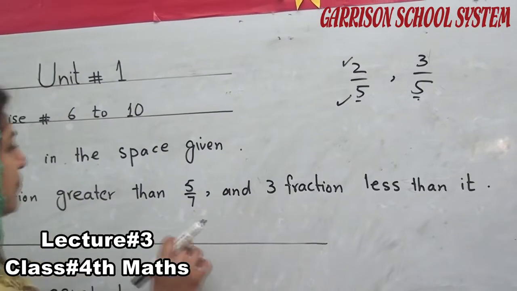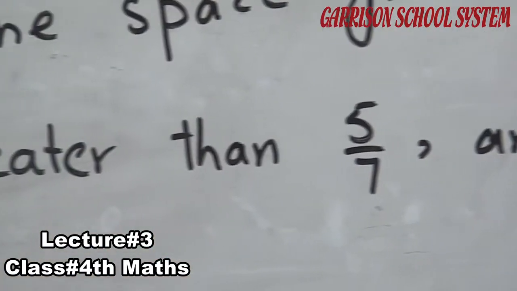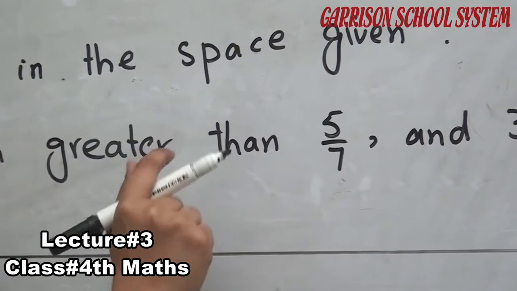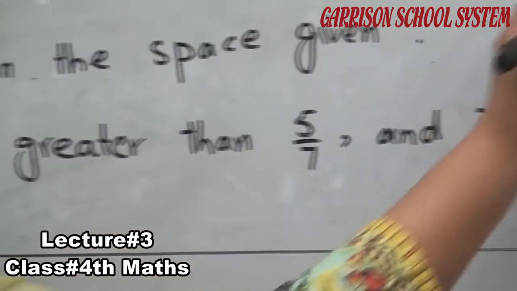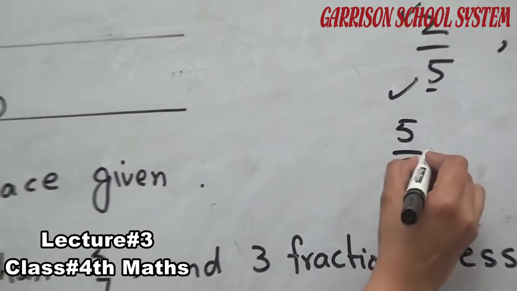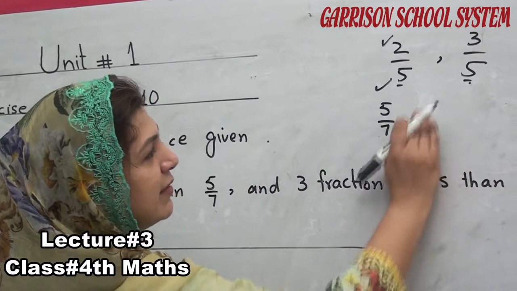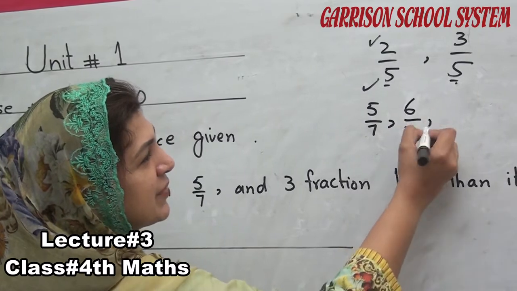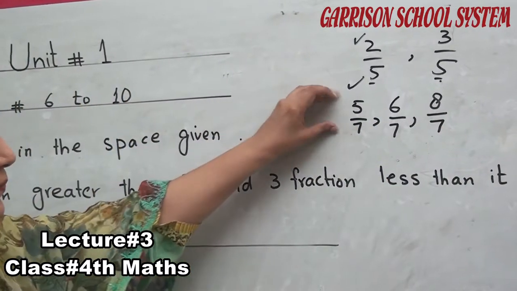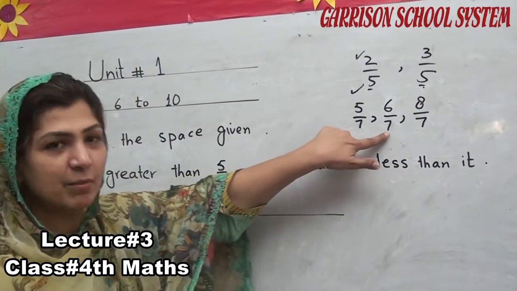So in this way, we can write a fraction greater than 5 by 7. For example, 5 by 7 is here. We take any example, 6 by 7, 8 by 7. Look, students, all the denominators are the same in these numbers.